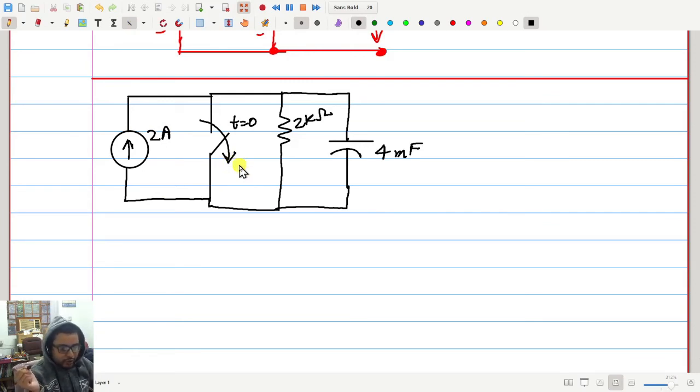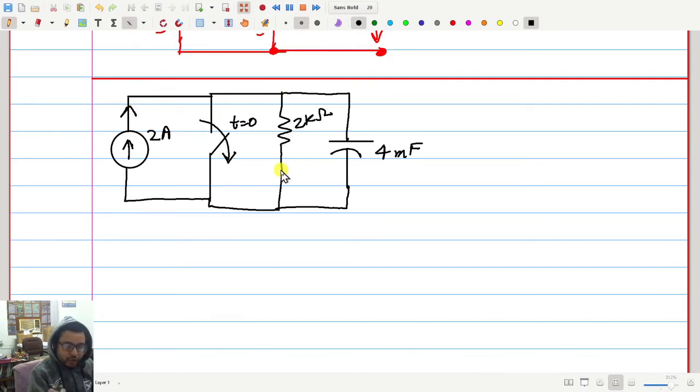Note one thing: I am taking precautions to make sure that this current source is never kept open circuited, because that is dangerous, as we told previously. There is always some path for this 2 ampere current to flow, either through the switch or through the resistance.